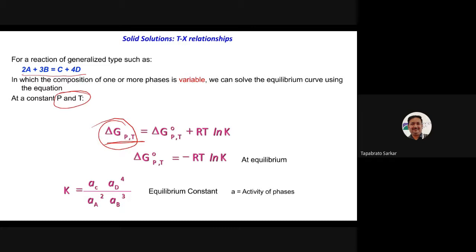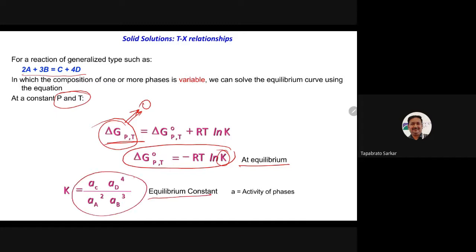Now if del G becomes 0, then we can rewrite this equation at equilibrium. So this is the equation at equilibrium, where we will see where del G0 PT, we will come to what it is. RT, the different values will come, where K is the equilibrium constant and it is defined by this equation.